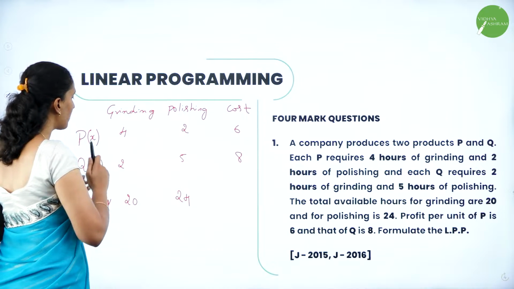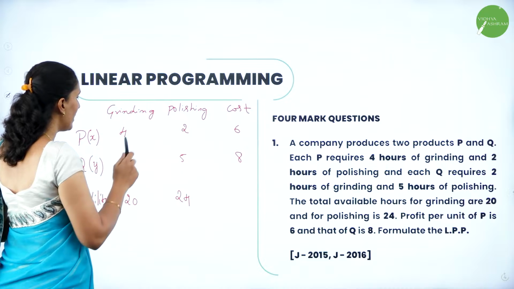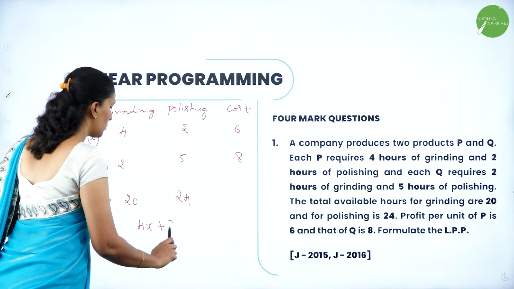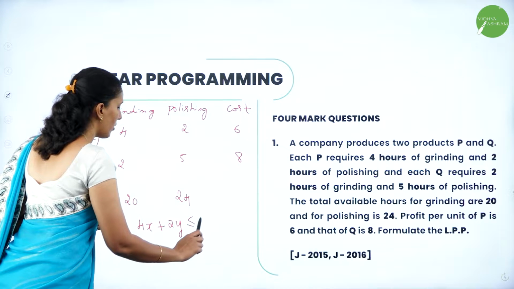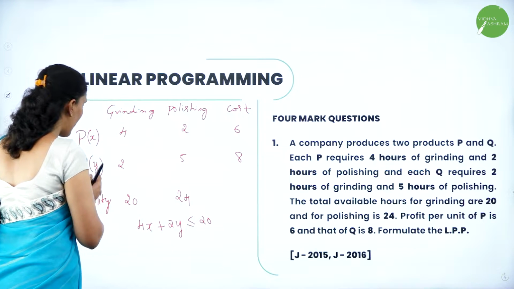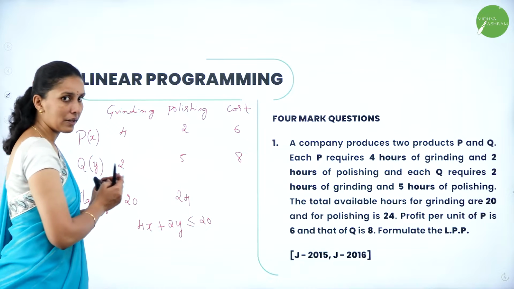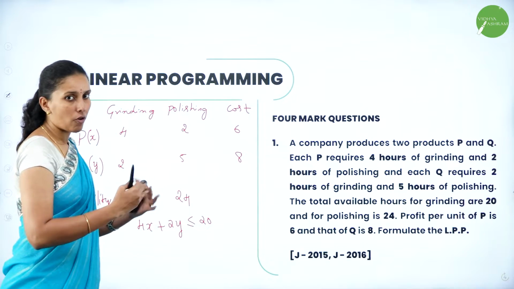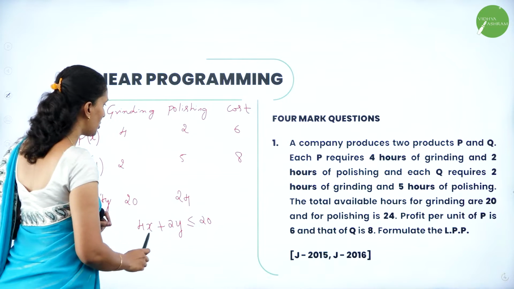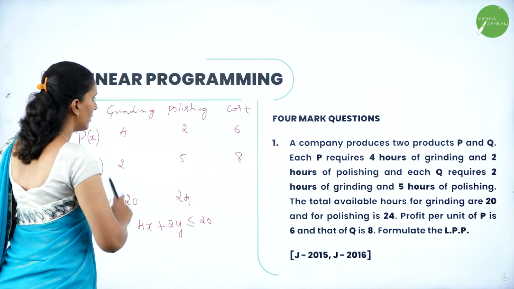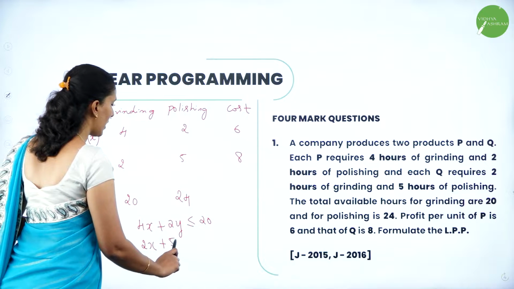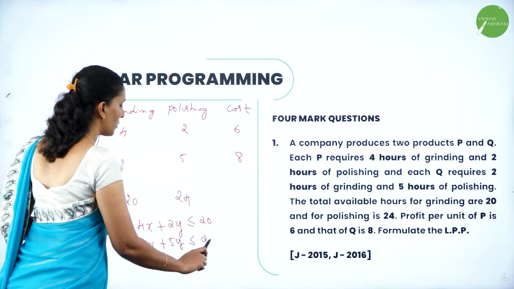So the constraint in terms of grinding is given by 4x plus 2y less than or equal to 20, because the maximum availability of hours is 20 itself. And now for polishing, here we have 2 times x plus 5 times y less than or equal to 24.